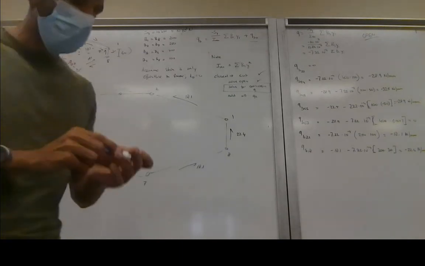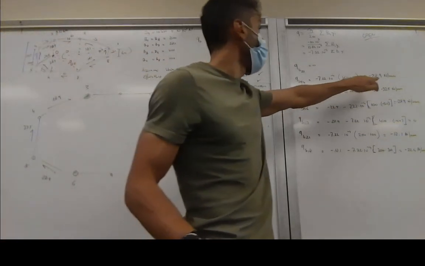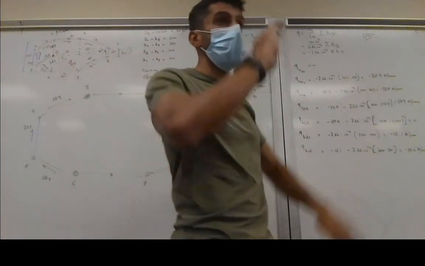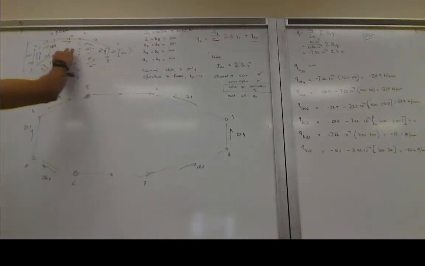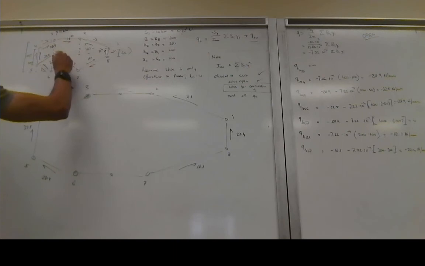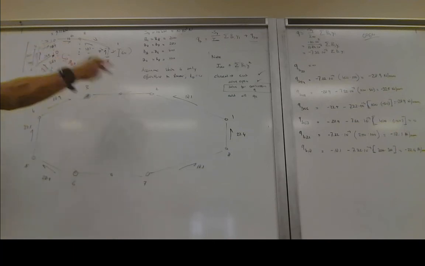So that's basically what we did: we redrew the shear flows, and every time we saw a negative sign, we flipped the directionality. We also said in the beginning, we assumed the correction shear flow to be counterclockwise. But that was a negative number as well. So the shear flow goes clockwise.